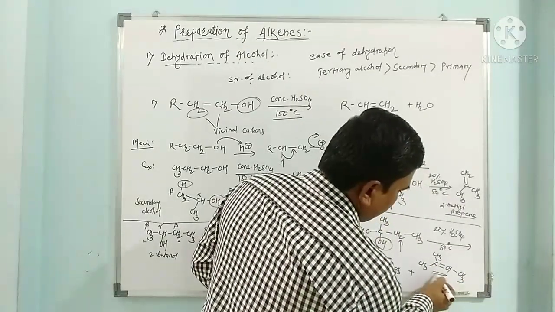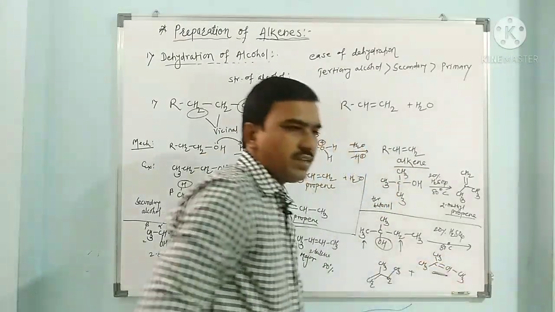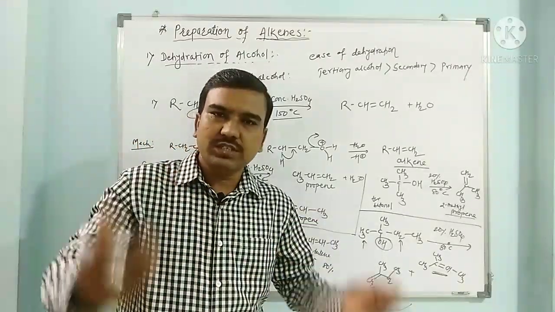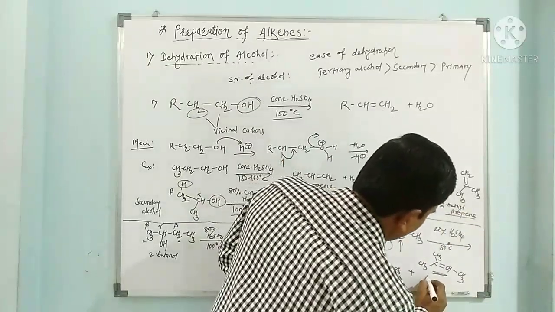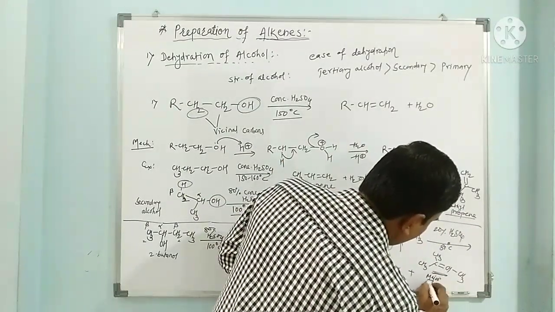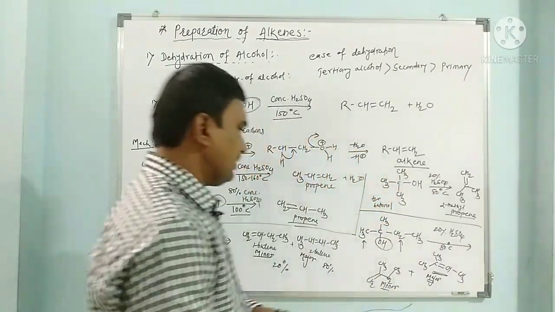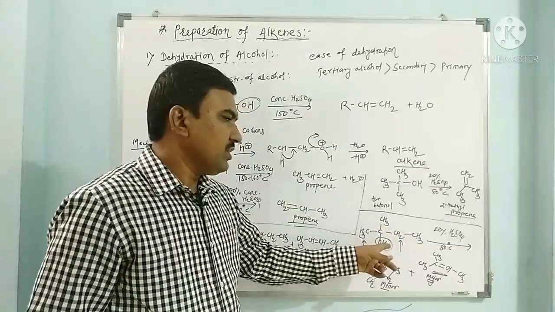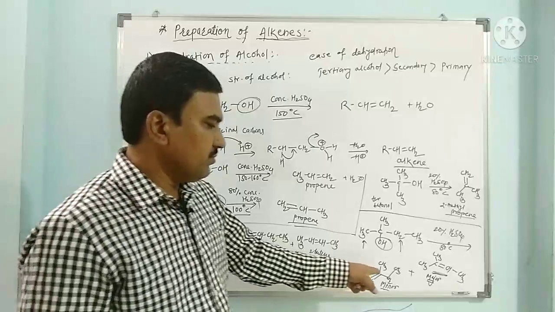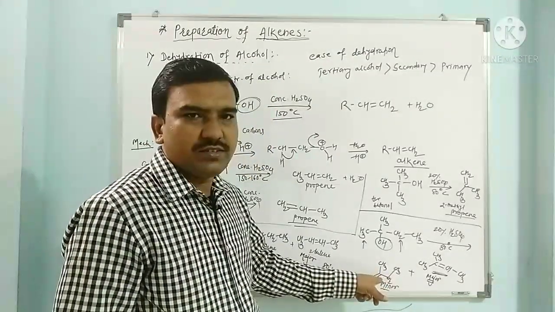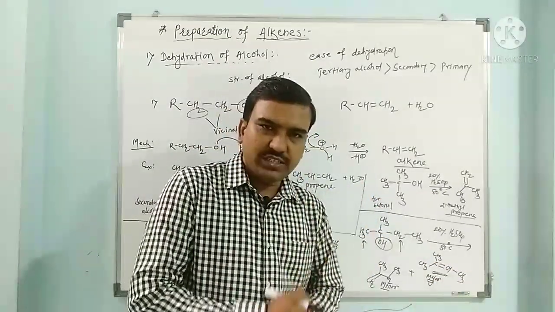So this alkene is more alkylated than this one, because this is terminal and this is internal. Internal alkenes have more substitution, so they are more stable and hence form in a major proportion. So this is major while this is minor. When 2-methyl-2-butanol undergoes dehydration in 20% sulfuric acid at 80 degrees Celsius, it gives 2-methyl-1-butene as a minor product while 2-methyl-2-butene is the major product.